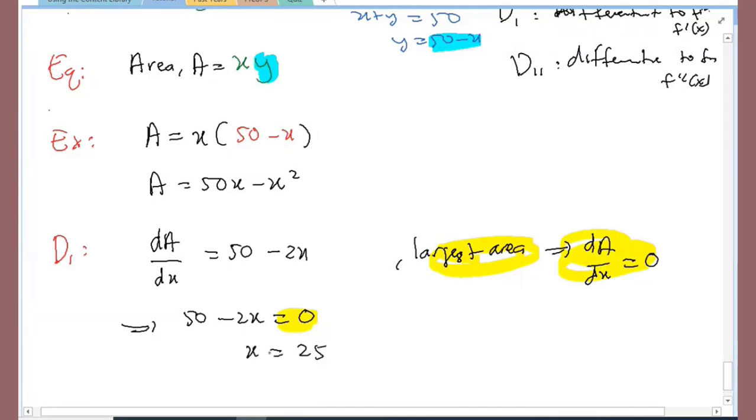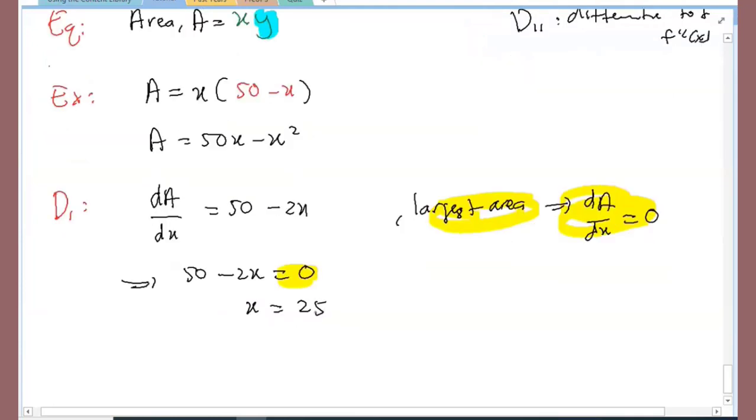Then you have to test and confirm that when x is equal to 25 the area is largest. You have to check and double check, that's why we need to use the second derivative.